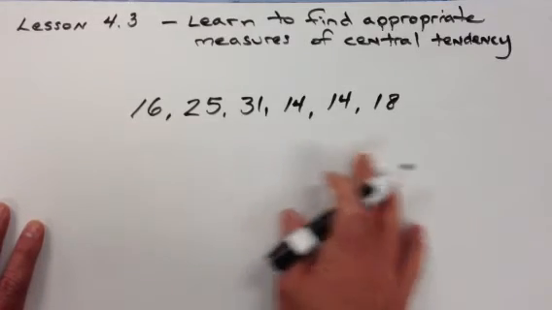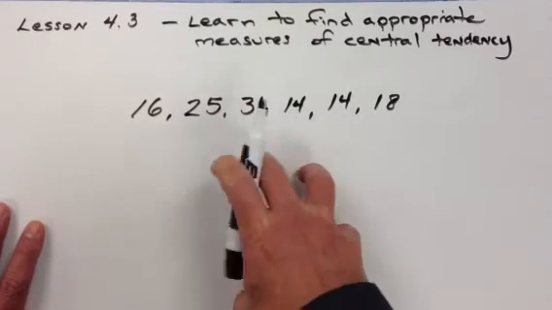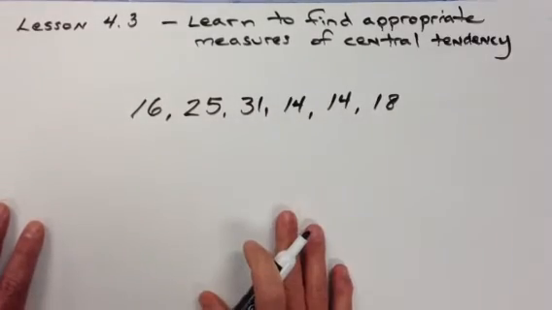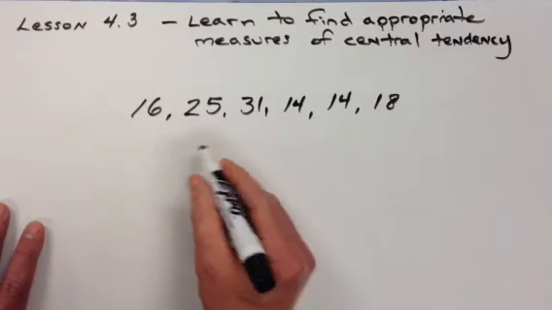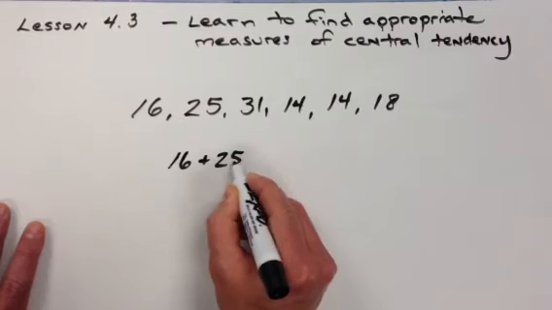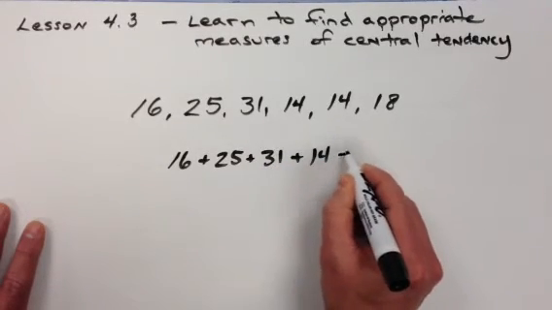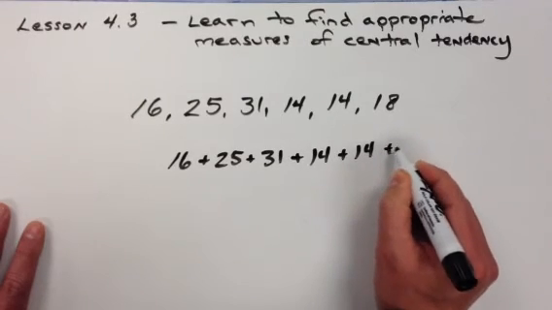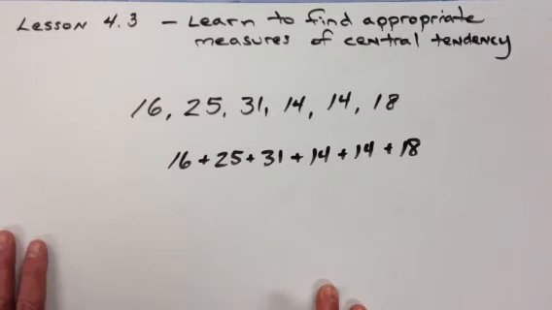Kids were collecting a whole bunch of candy, and this is what they gathered, and they put them in one big pile together, and then from that they divided among themselves equally. So what we would have to do is take each of these pieces and sum them up. We have to find the total of all of these. Okay, pause the video, take a minute, get that figured out, and then come on back.